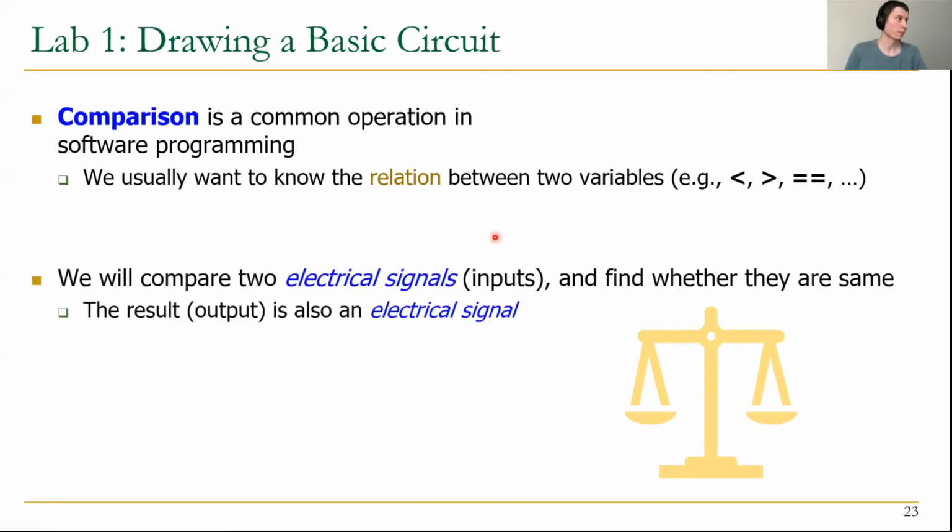We will compare two electrical signals, because we represent numbers as electrical signals. The output is a one-bit electrical signal, 1 or 0, or if you want to indicate greater or smaller, we may need more bits. For this one, no FPGA programming is involved. We will ask you to draw the circuits on paper using the basic logic blocks, which we will learn about later.